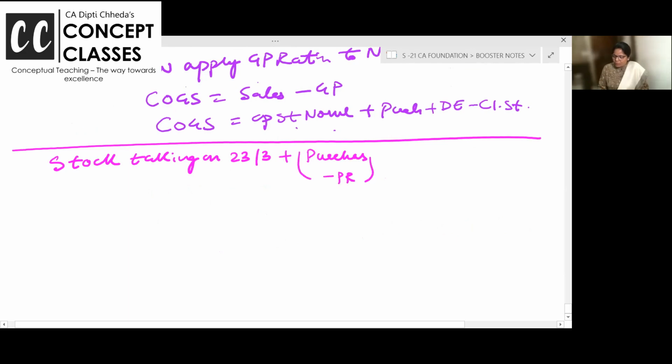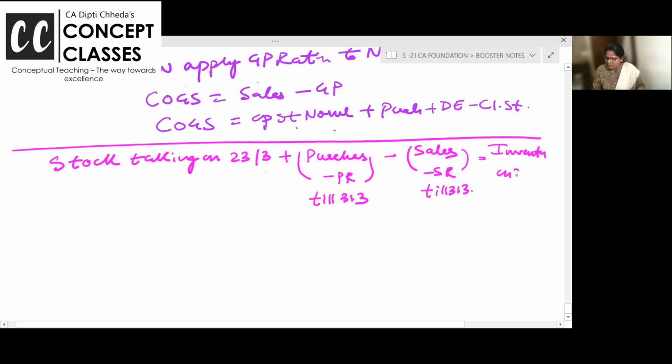Net purchase जो भी है till 31st March add कर दो, minus sales minus sales return till 31st March. Whatever is the stock on 23rd March, whatever is sales after that minus कर दो, purchase add कर दो, you will get inventory on 31st March.